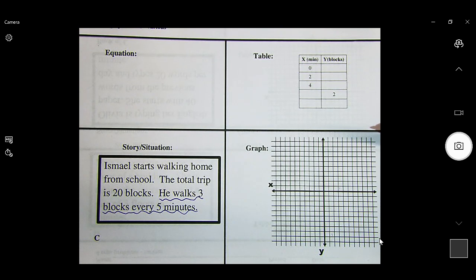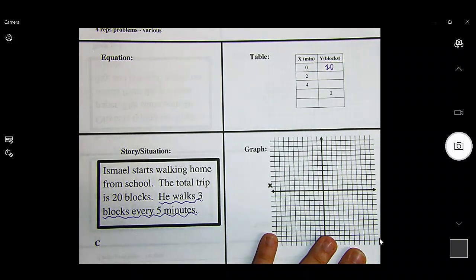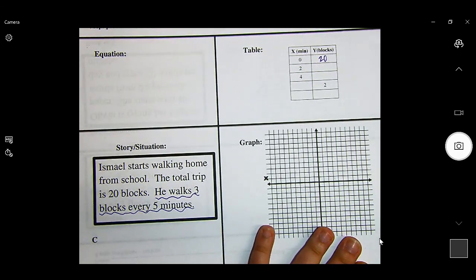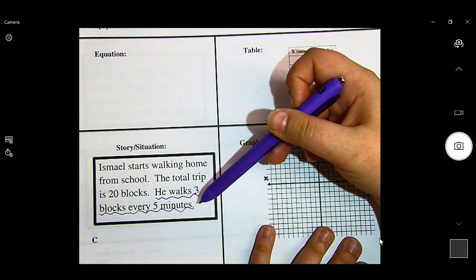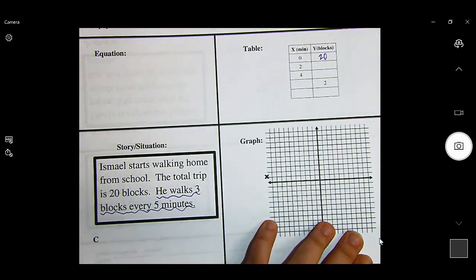Let's say he's 20 blocks away from home at the very starting point. I know that every 5 minutes, he's walking another 3 blocks.